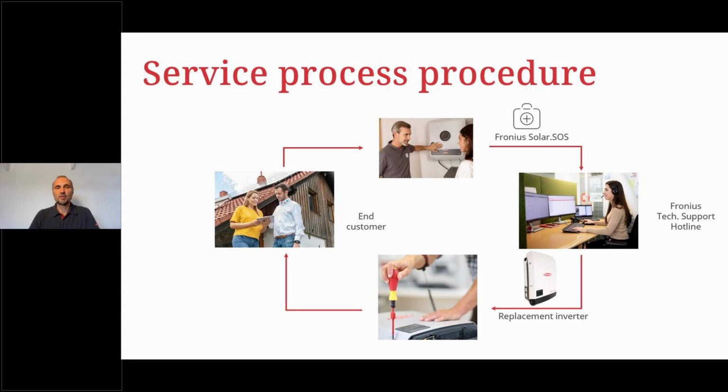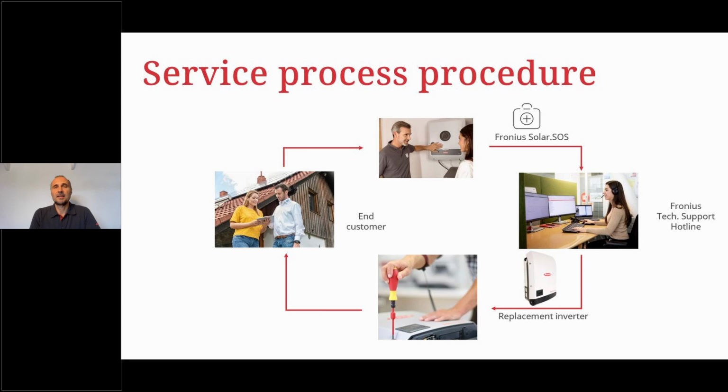The service process from Fronius works like you can see here. Basically, when the end customer is calling you, you are able to go first to SolarWeb to see the system, what is running and how it is working, if there are any service messages and so on.